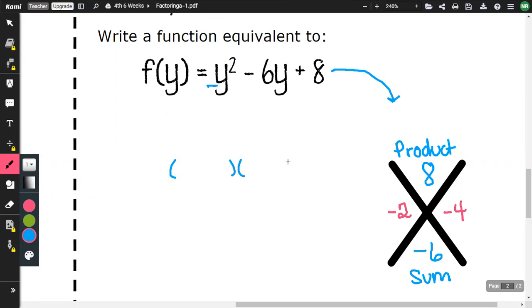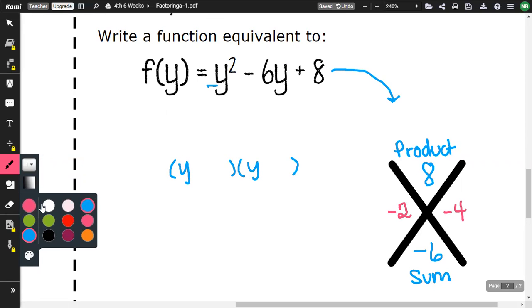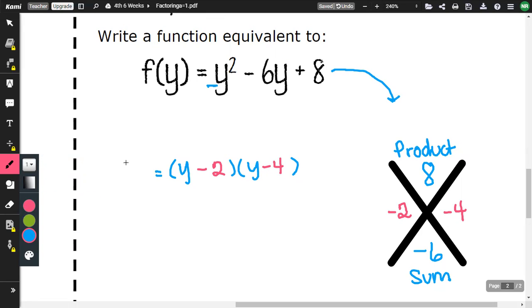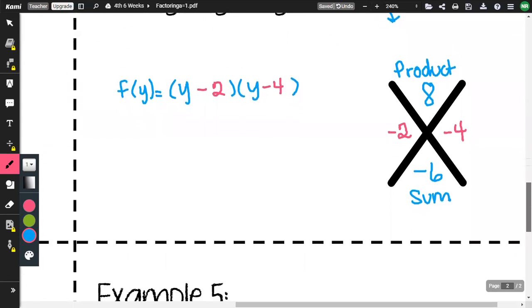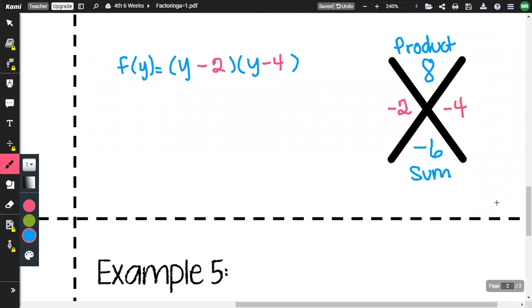What letter are we going to have at the front of each binomial? Y. My first binomial is going to be what? Y. And my second one? What can I have in the front? F of Y. I'm just writing that, repeating it over and over just in case that is how they set up your answer.